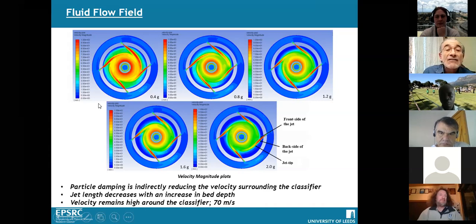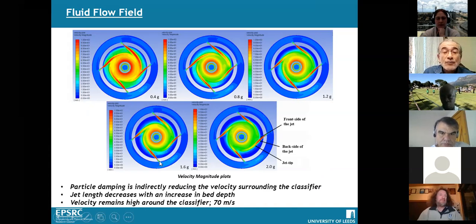And in here, the velocity field, unfortunately, the numbers are too small to see, but they are from 0 in blue up to 100 meter per second, which is the red region. And basically, you can see the fluid flow field coming out of the jets and the way they move around.